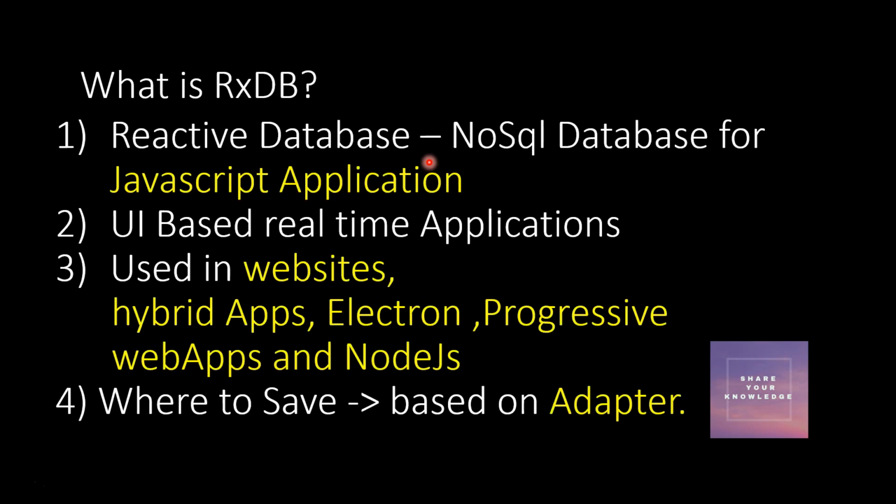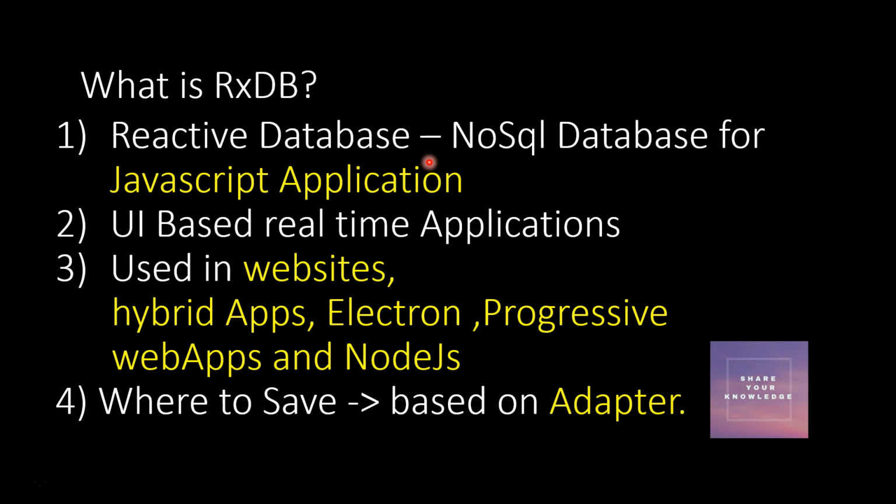So what is RxDB? RxDB is a reactive database. Basically, it is reactive because normally, with a conventional database such as MySQL or Oracle, you have to query it every time you want to see the latest data.